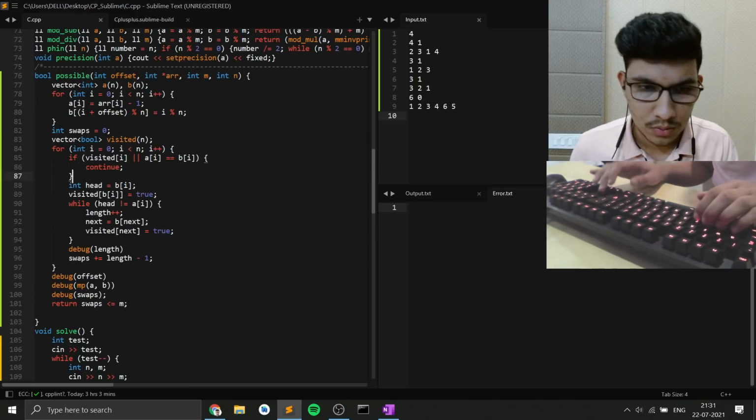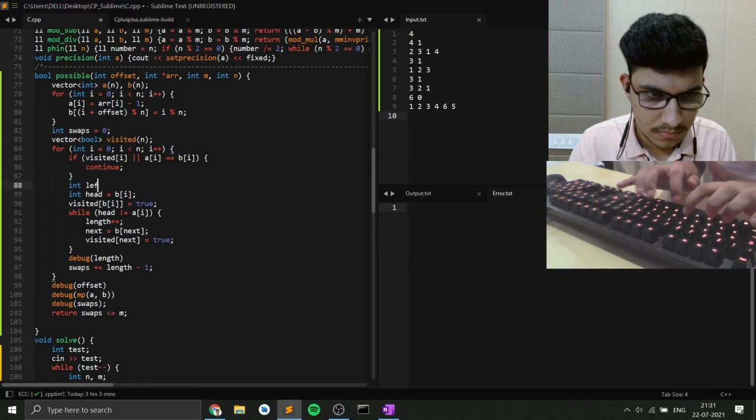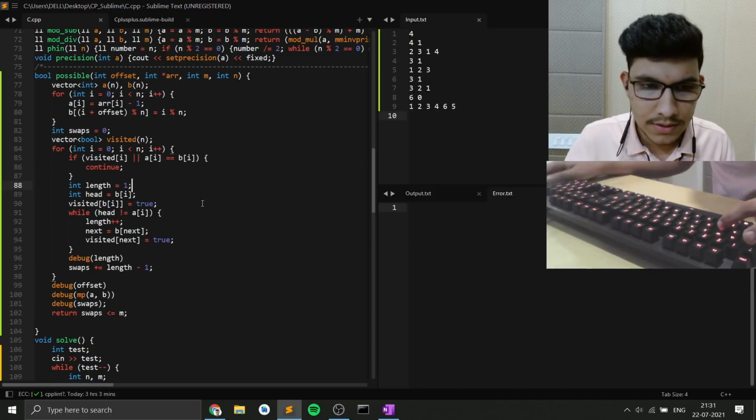So where do I need to go? Int length equals to 1.